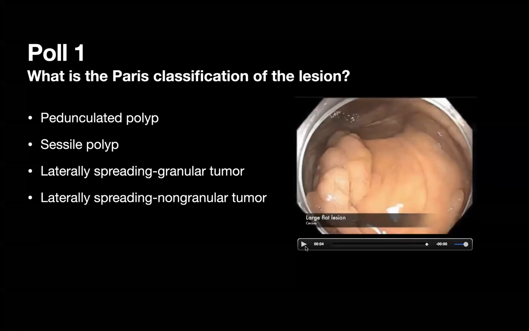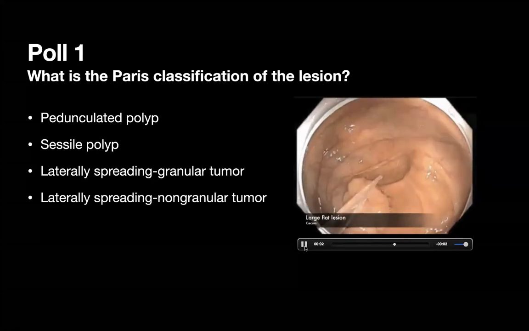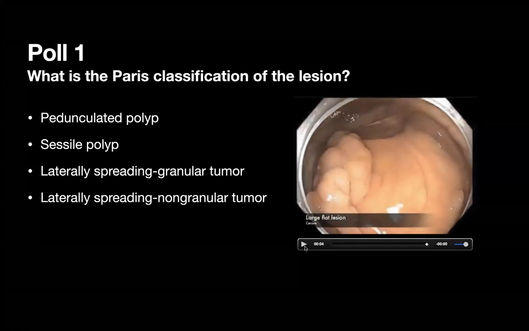Roy? It's hard to be sure without moving it around. In one view, it looks like it's pedunculated, but I don't know if it's continuous towards the appendix or not.